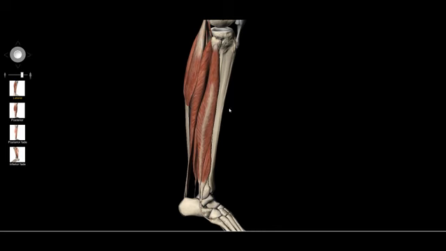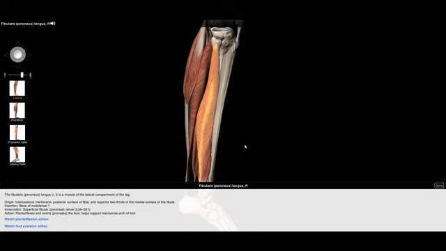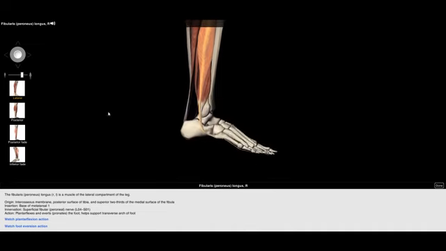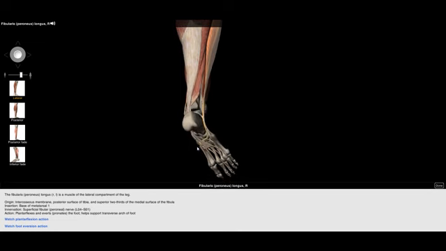The peroneus longus and the peroneus brevis are the two muscles on the lateral aspect, or the lateral compartment, that have some support in plantar flexion, and we can see that the longus originates on the fibular head and runs down, also attaching on the interosseous membrane and the superior two-thirds of the fibula, and it runs down to insert on the base of the first metatarsal.